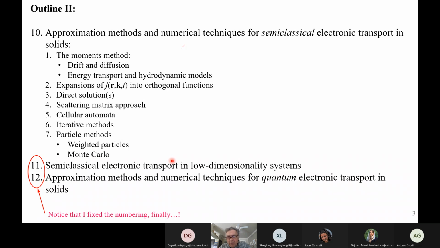You can still treat the transport problem in a semi-classical picture, just in lower dimensions and with a few corrections that, of course, you have to make in order to account for the confinement of the carriers. So this is not really quantum transport, although in the literature sometimes you will find people talking about quantum transport, meaning instead semi-classical transport, but in a quantum confined situation. This is a subject which is quite interesting.